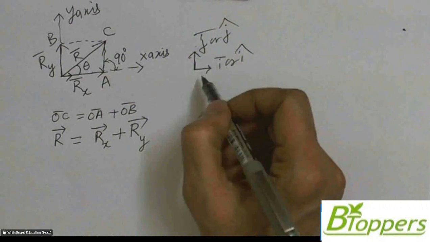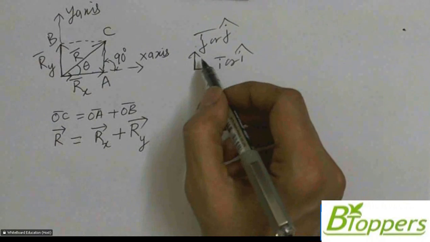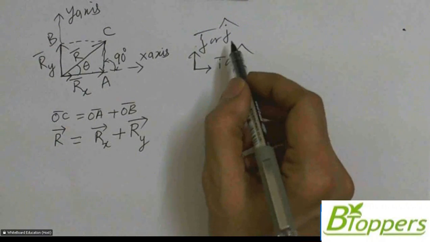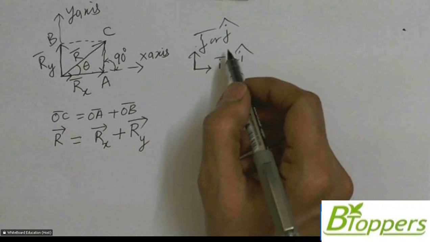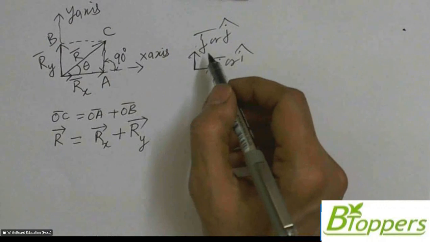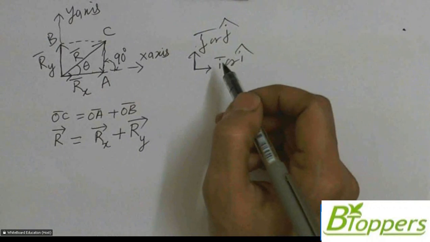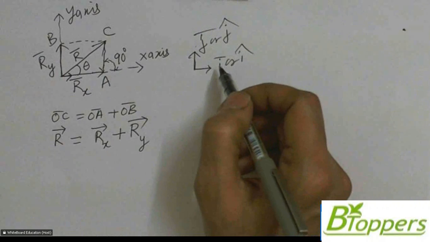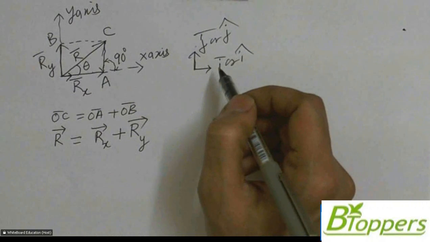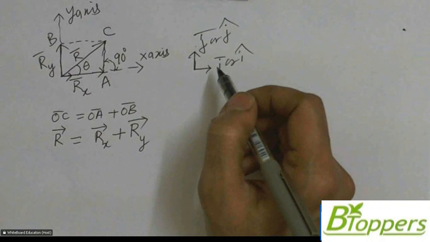The unit vector which is directed along the positive y direction is denoted by J bar or J cap.